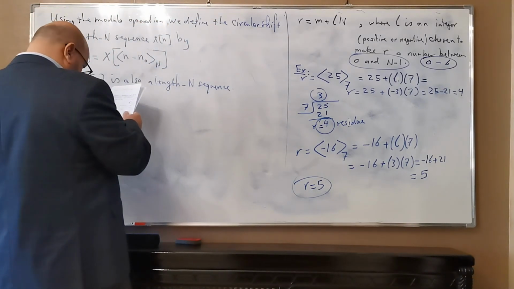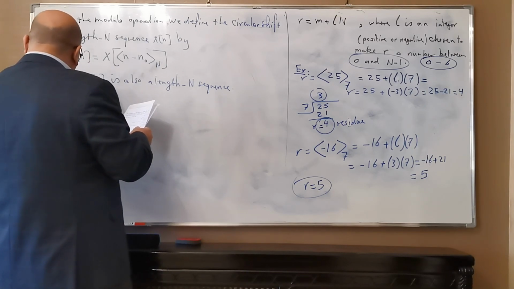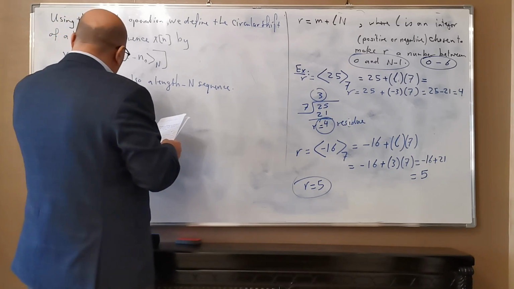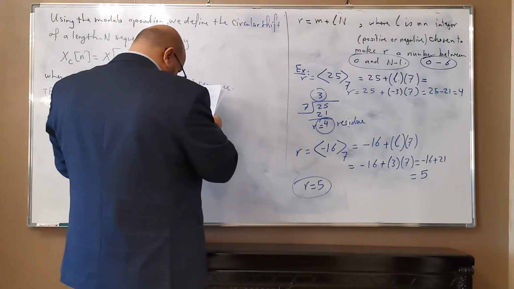If n0 is greater than 0, it is a right circular shift.